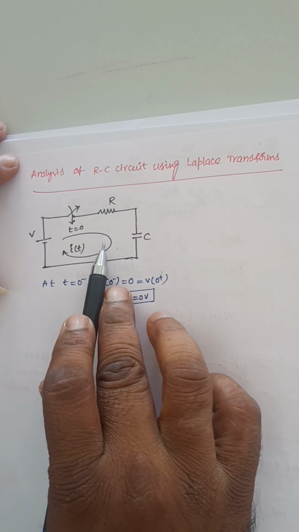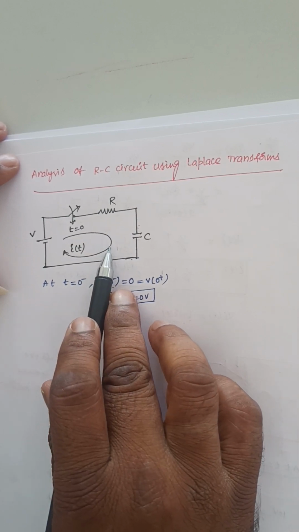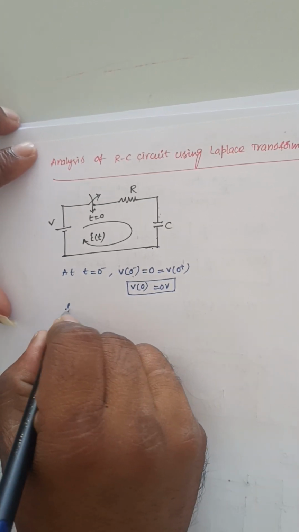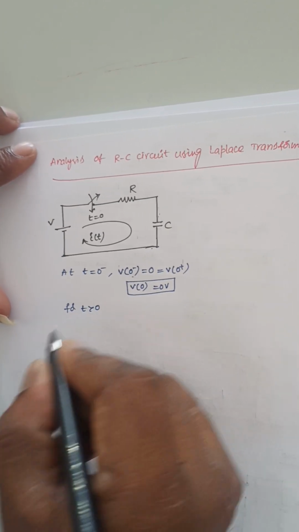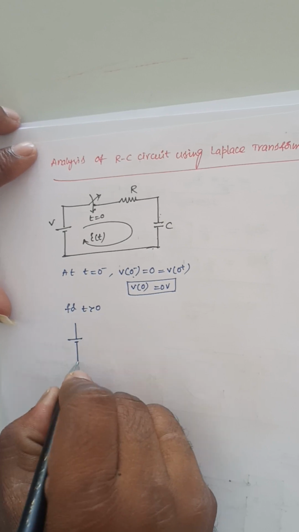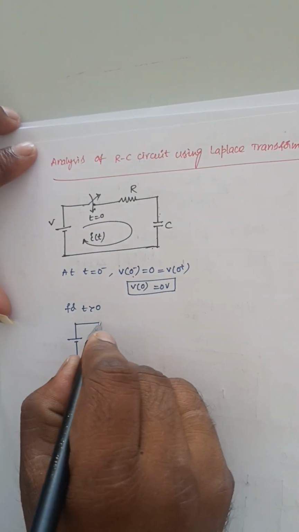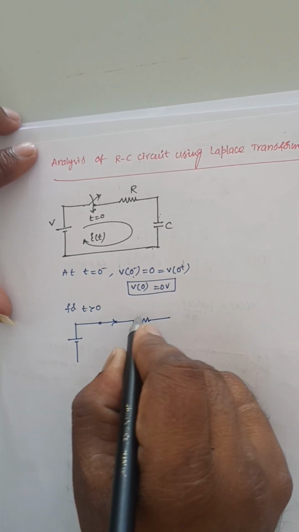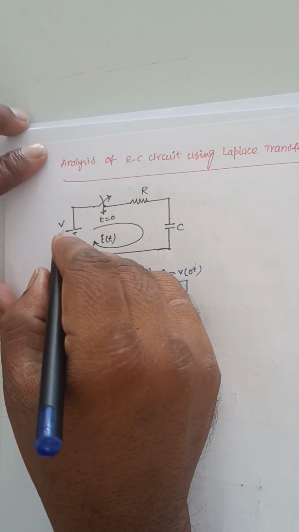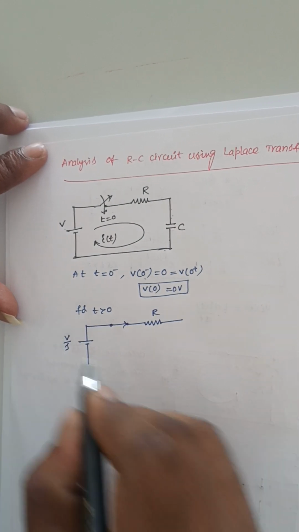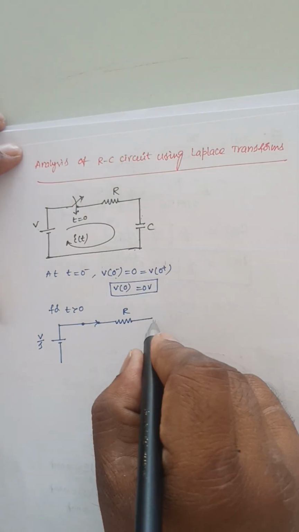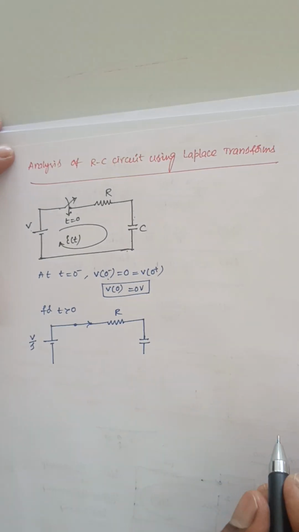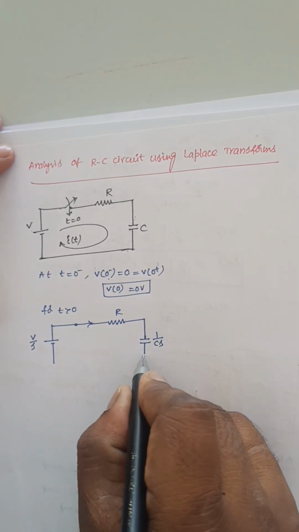So now we draw this circuit for t greater than 0 now. For t greater than 0, the switch was closed now. The switch will be closed like this. So this is the resistance. Since it is V constant, it will become V by S. Here the capacitance, I can replace the capacitance, and I can represent this capacitance in a frequency domain like this, 1 by Cs.